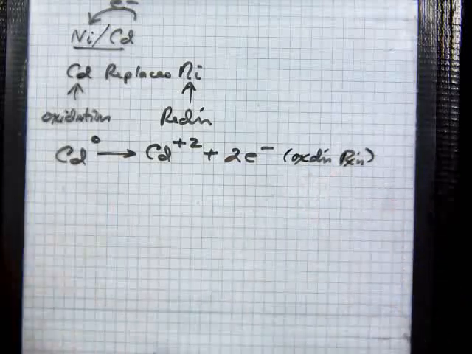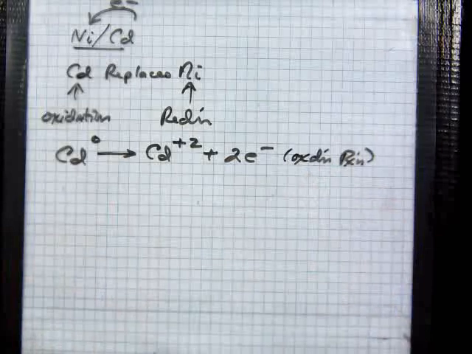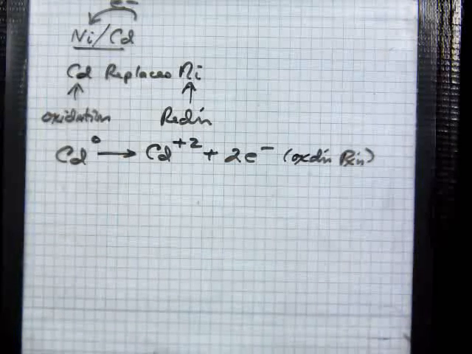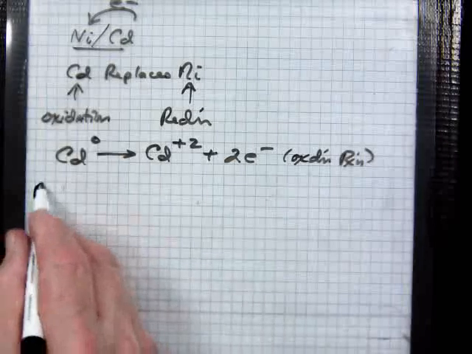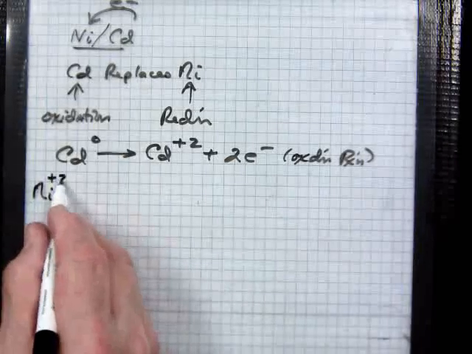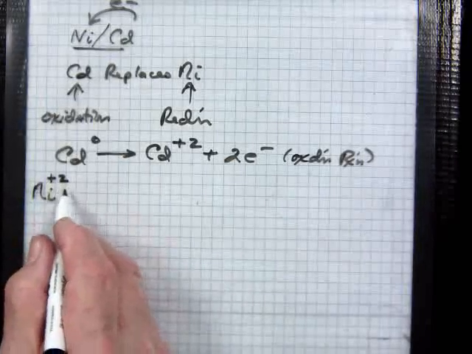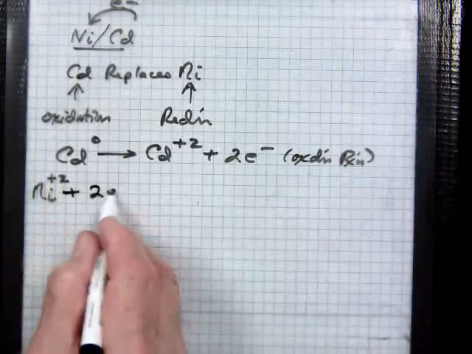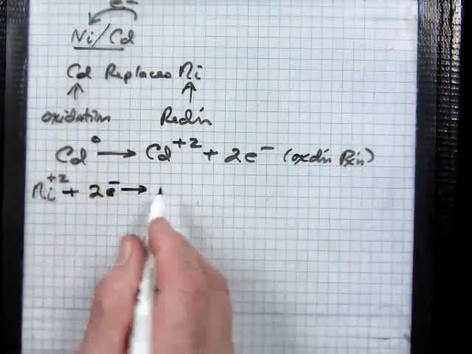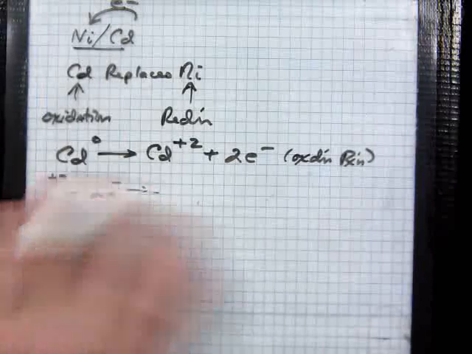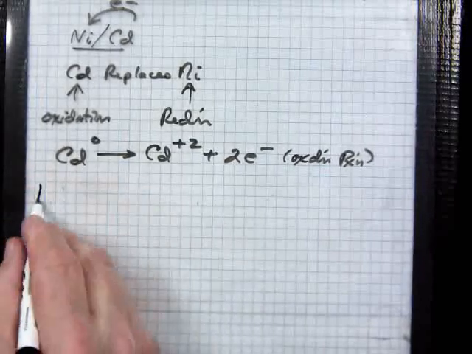Everybody good on that, I hope? And then nickel, being below cadmium, is undergoing reduction, so we show nickel plus 2 gaining 2 electrons, going to, well, I can spread it out.